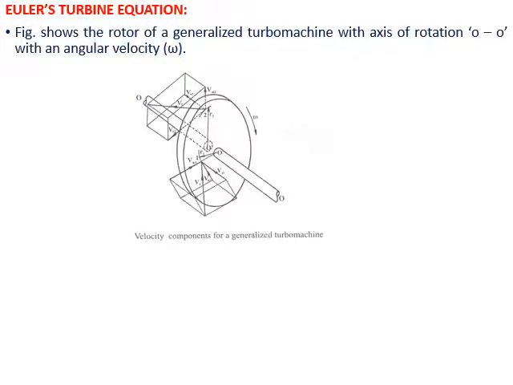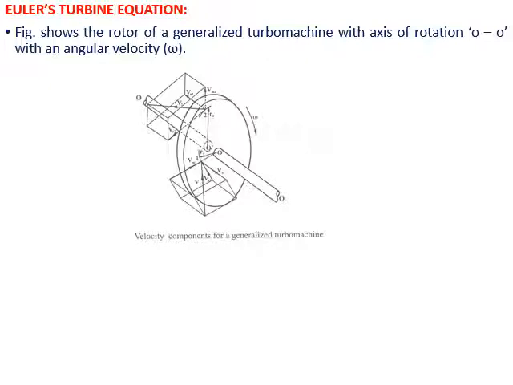So here, this figure shows the rotor of a generalized turbo machine with the axis of rotation OO with angular velocity omega. See the construction of this rotor and the axis OO.